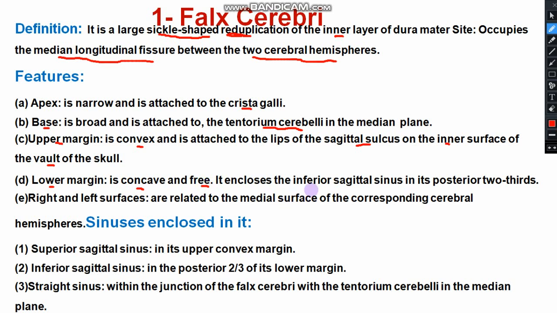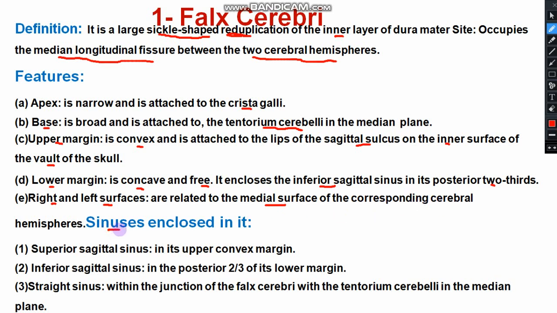It encloses the inferior sagittal sinus in its posterior two-thirds. The right and left surfaces of this falx cerebri are related to the medial surface of the corresponding cerebral hemisphere.